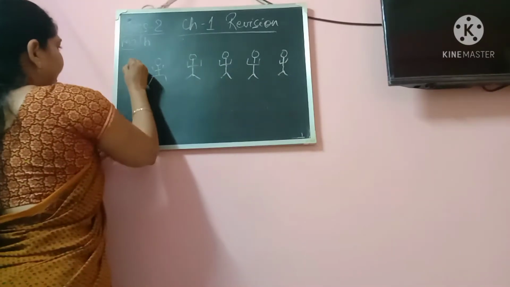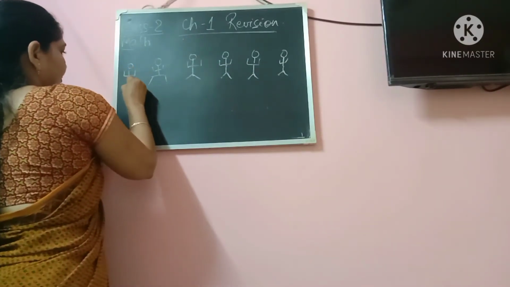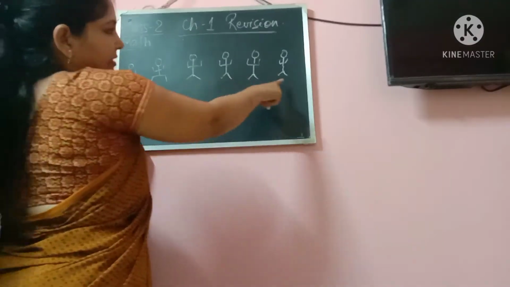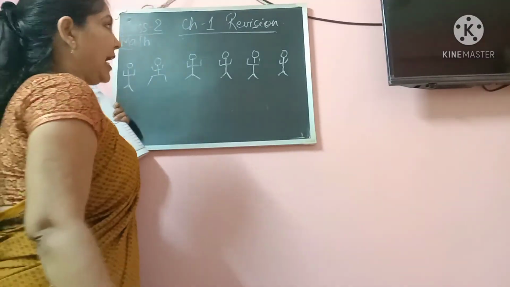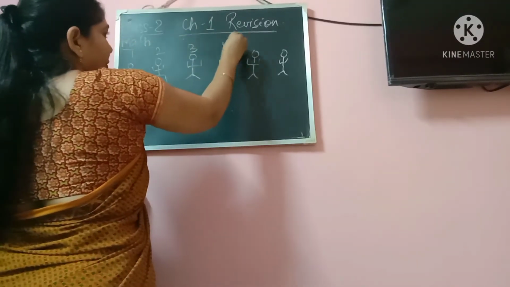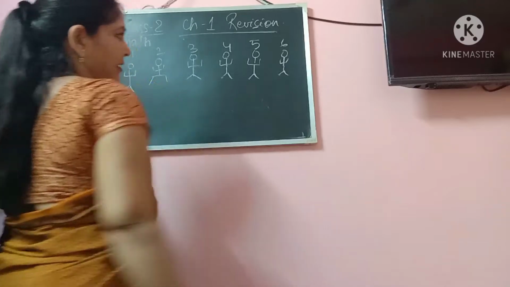All these children are standing in a queue. This is the first child and this is the last child. Okay, and I am going to number them. 1, 2, 3, 4, 5, 6.